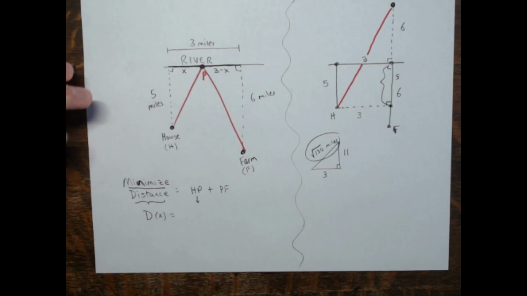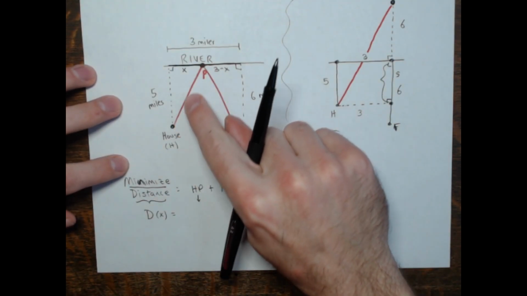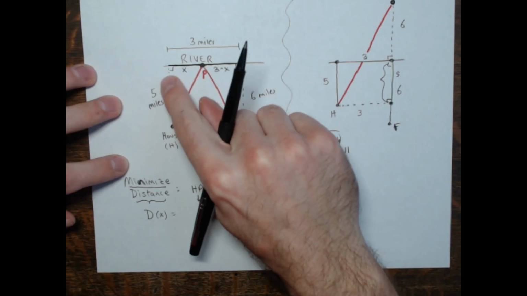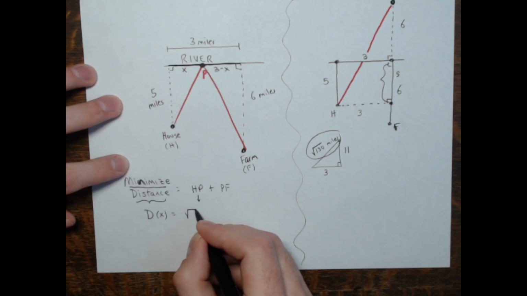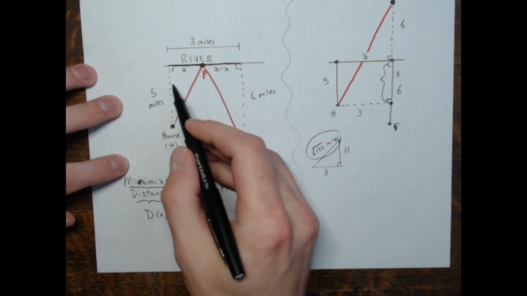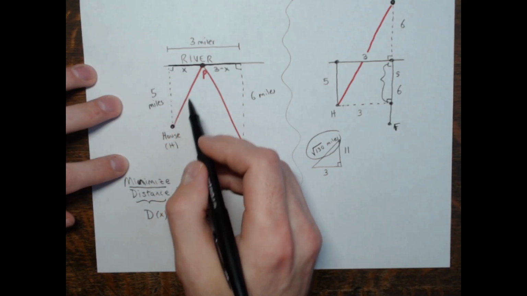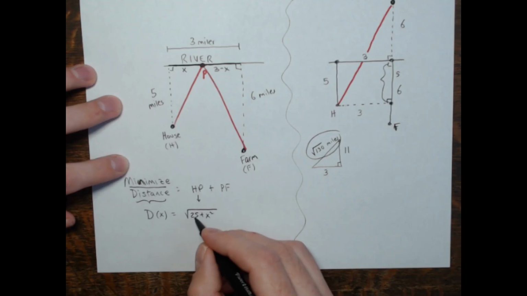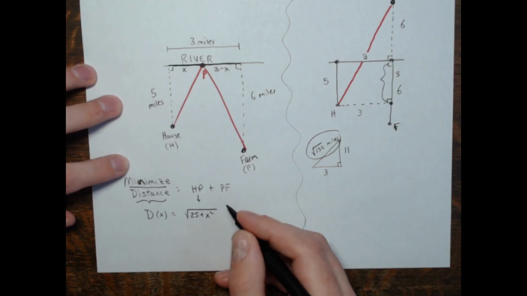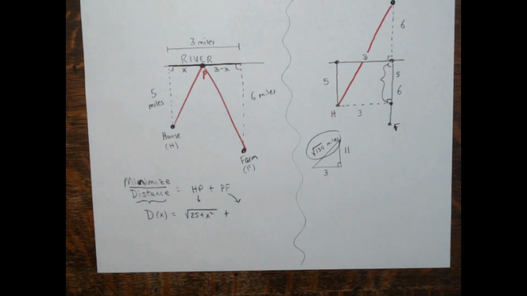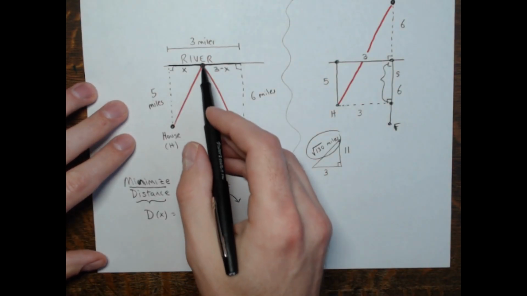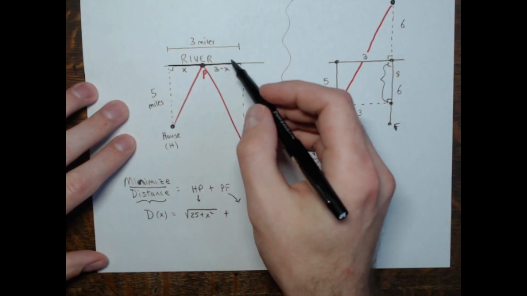So the distance from H to P is just the hypotenuse of this right triangle. So that'd be the square root of 25 plus x squared, right? 5 squared plus x squared, square root of that. Or 25 plus x squared, to the half power. And then this F to P, again, it's this right triangle.